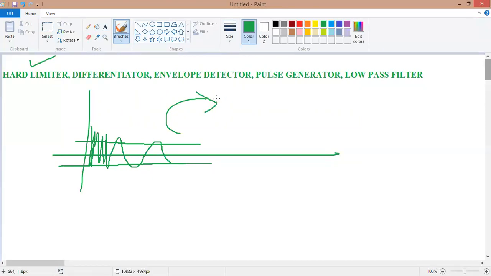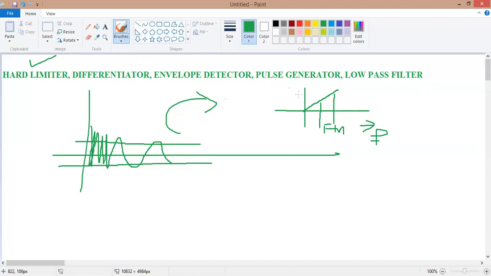After that, the most important term, differentiator. And you know FM to AM conversion is possible in a certain way. This differentiator may act like a slope detector. What happens if I draw one slope, and in this portion apply an FM signal, that means frequency variation at the input?